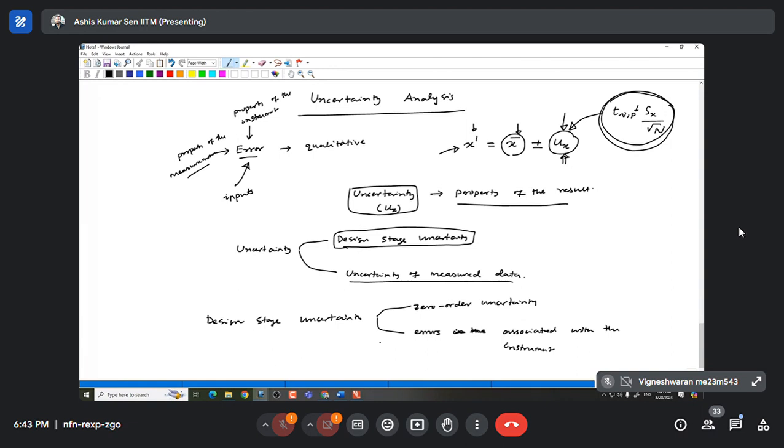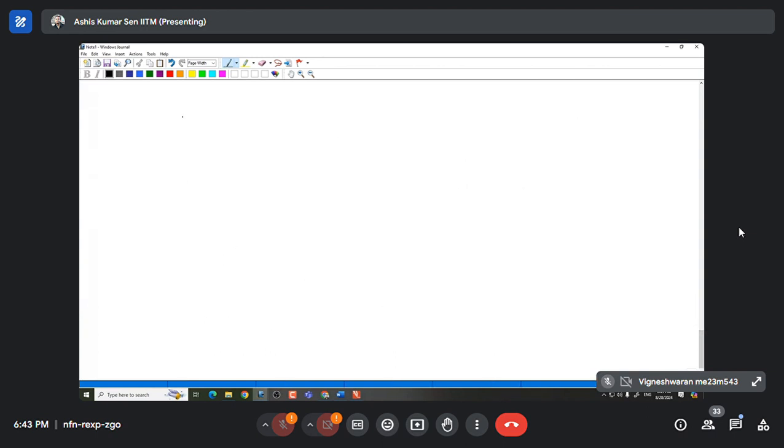First, let us talk about the zero order uncertainty. The zero order uncertainty, U0, is typically taken as half of the resolution. Okay, let's say you have a scale, so you have 0.2, 0.3.